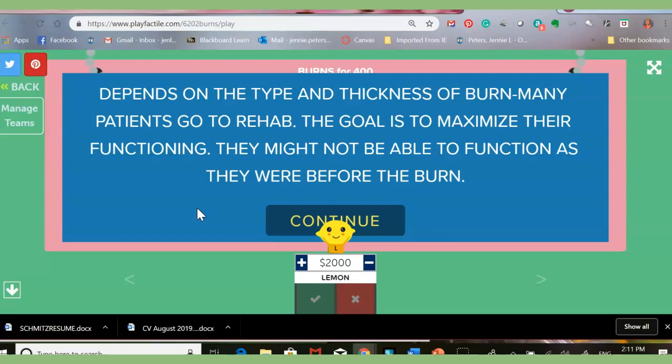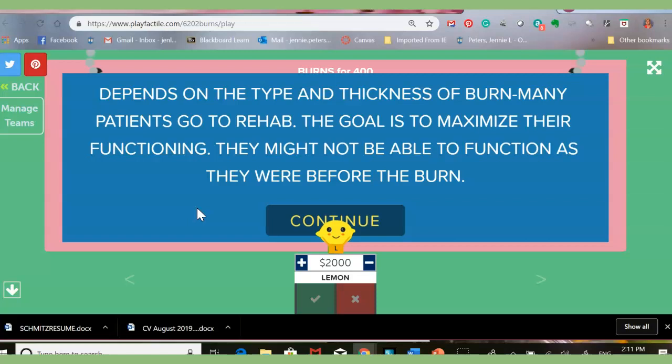But if people have third and second degree burns, they may not be functioning as they did prior. But you probably don't want to tell the patient, well, you're not going to get to how you were before. You want to use therapeutic communication and just say, you know what, we just want you to be able to function as high capacity as you can.